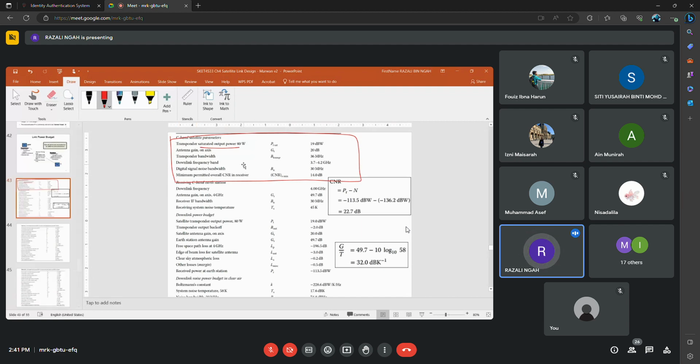In this slide, there is no branching loss or feeder loss, but back off loss is there. We have here saturated output power of 80 watt. So this is actually the downlink power budget, and the information comes from here.